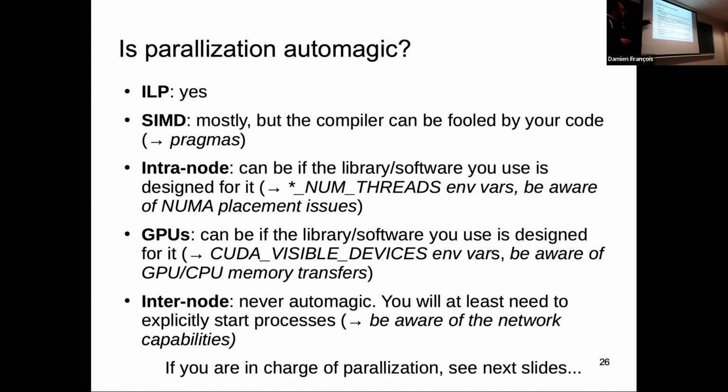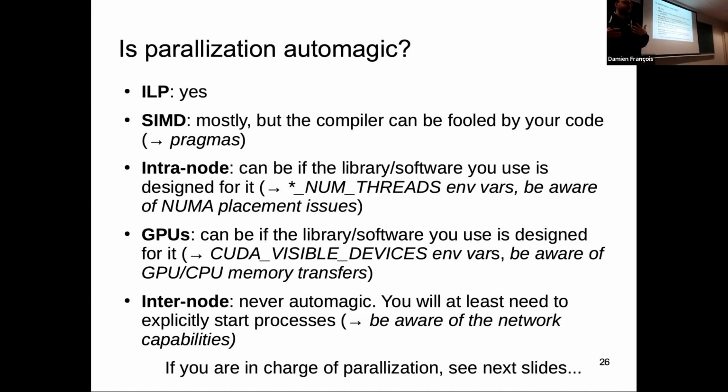As far as intranode parallelism is concerned, it can be automatic if the library or the program you are using has been designed for it. So someone has to do the job. It might not be you if you are using ScaLAPACK or another MKL library for mathematical operations that has been written by other people.